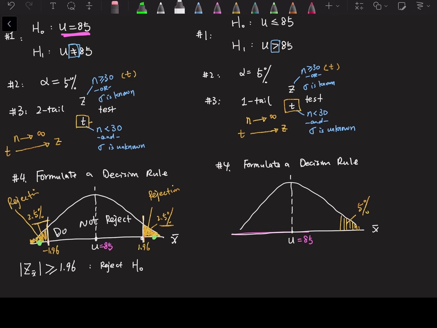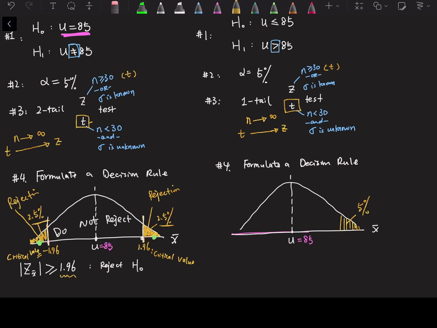So we call this 1.96, this corresponding z-score, the critical value. In this case, the critical value is negative or positive 1.96. So if the z-score for x bar is greater than the critical value, then you reject the null.